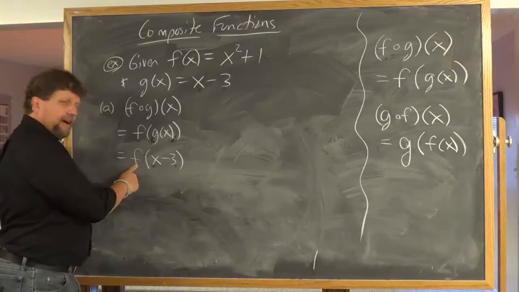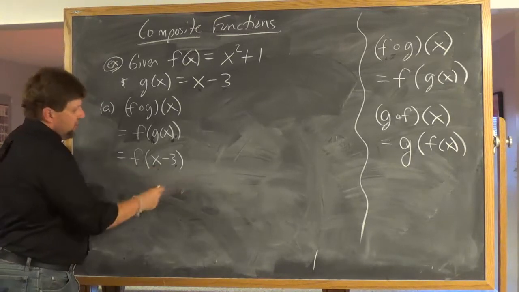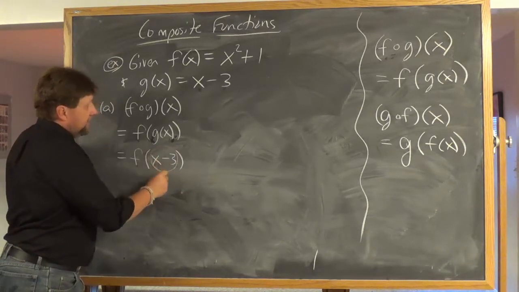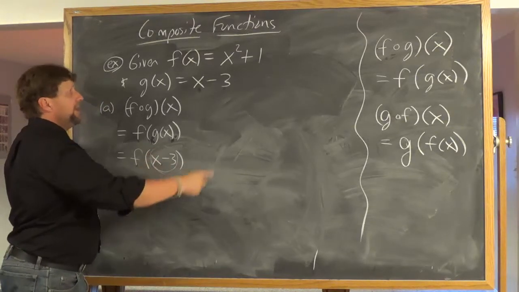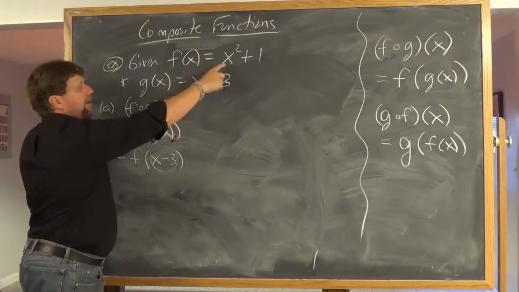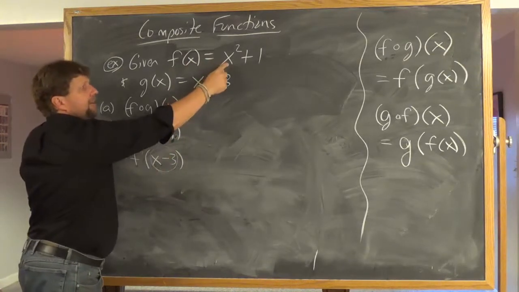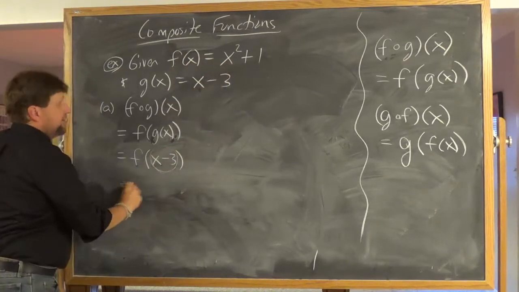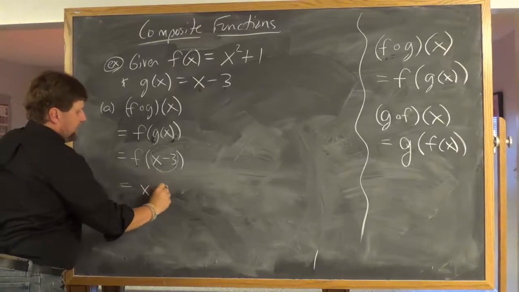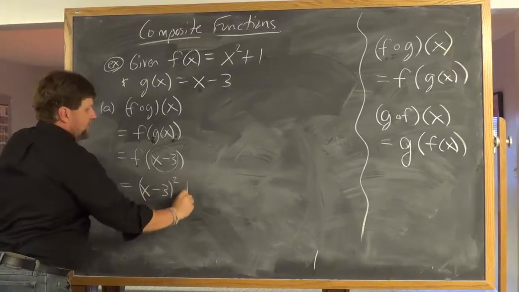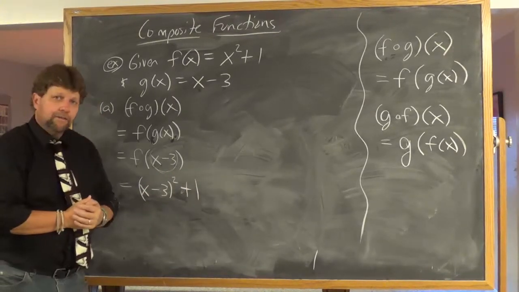So you have the f of x minus 3. You are taking this x minus 3 and substituting it into function f wherever you see an x. So this x minus 3 comes in here for x, and it gives you x minus 3 quantity squared plus 1.